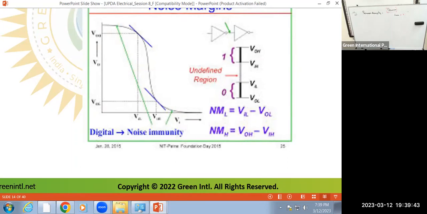Due to confusion, we sometimes remember the formula a little wrongly, in a different way. Read the question and formula carefully. For noise margin low it is VIL minus VOL, and for noise margin high it is VOH minus VIH. By this way, remember your formula.